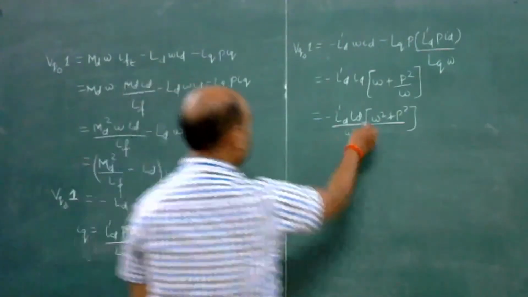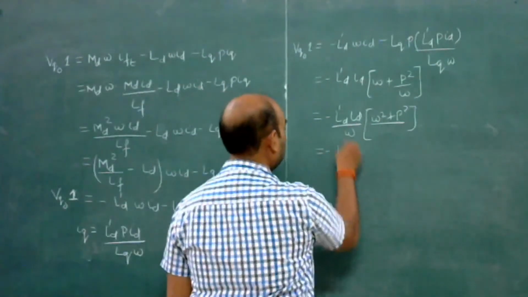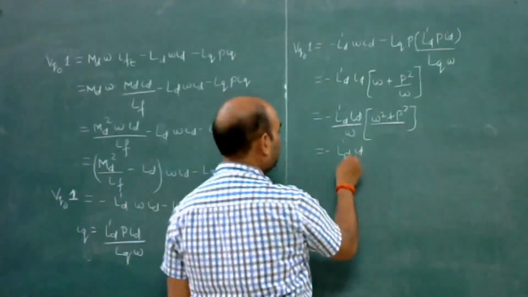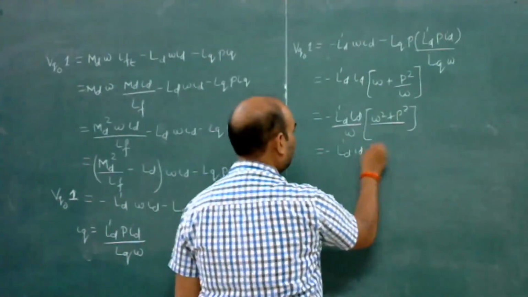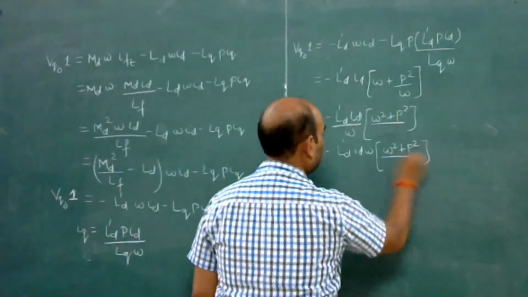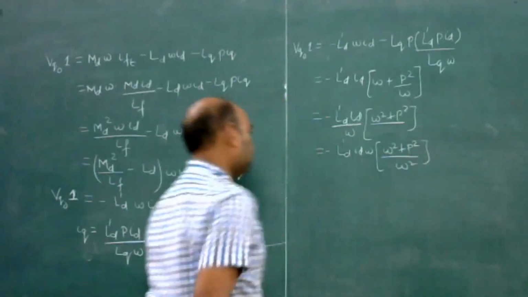So this can be written as minus LD, multiplying omega in numerator and denominator. So this will be into omega, omega square T square divided by omega square. Okay.